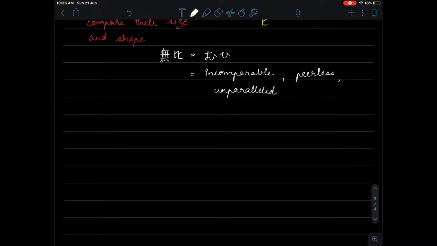The hint being without and compare, or without comparison, no match, without match.